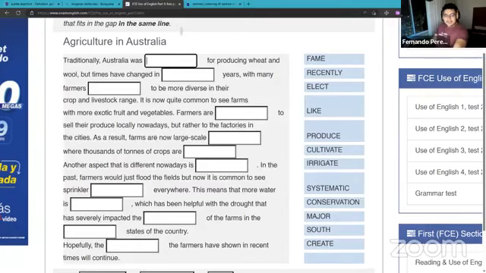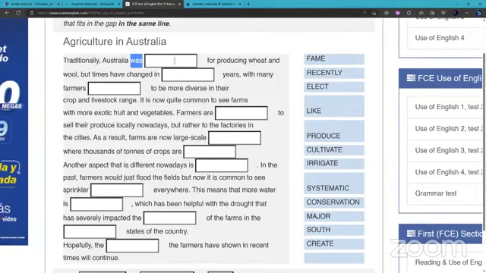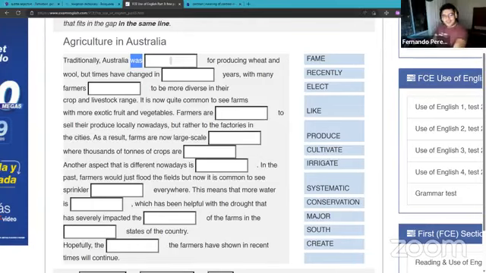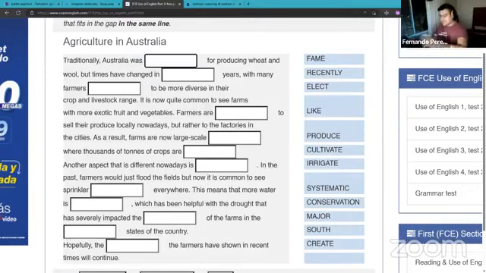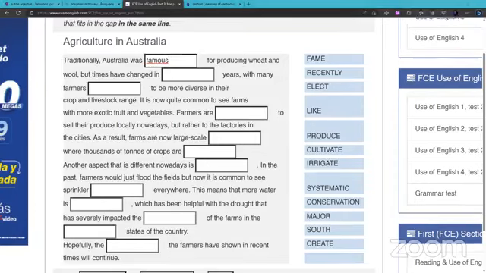So here you have the word fame, which is a noun, but here you have a verb to be. So you cannot say was fame. Do you agree with me? Yes. What word should you put in this case? Famous. Exactly. Traditionally, Australia was famous. Famous is an adjective.